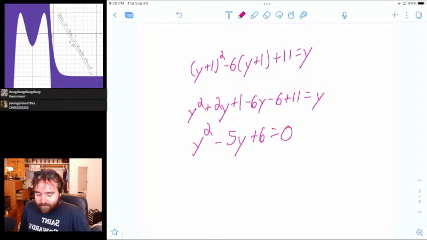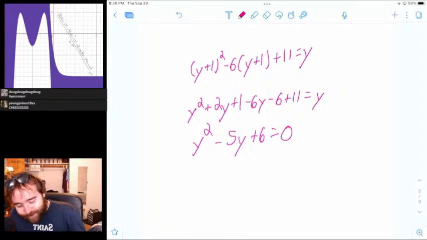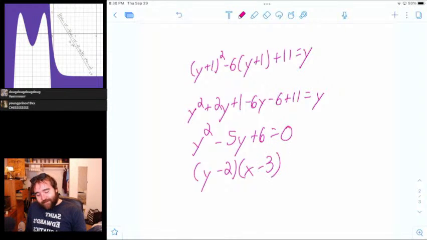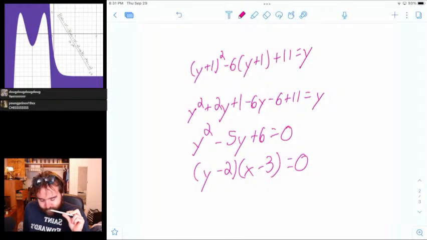But how? Because it's minus 5y plus 6. So what multiplies to get 6? 6 and 1, but there's other options. 2 and 3. You confused me for a second too. I was like, oh wait, you can't. You're so right. Okay, y minus 2, y minus 3 is equal to 0.